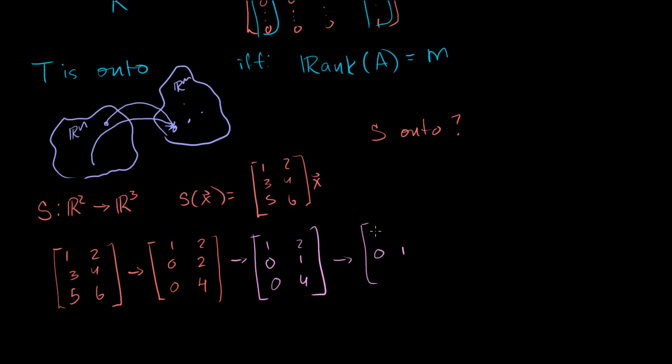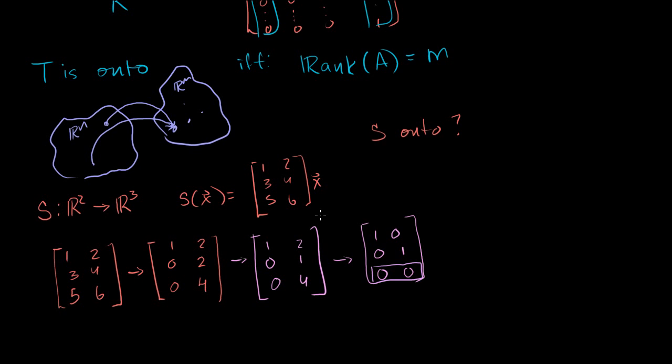So 1 minus 2 times 0 is 1. 2 minus 2 times 1 is 0. Let's replace the last row with the last row minus 4 times the middle row. So we get 0 minus 4 times 0 is 0. 4 minus 4 times 1 is 0. So notice, we have a row with zeros here.